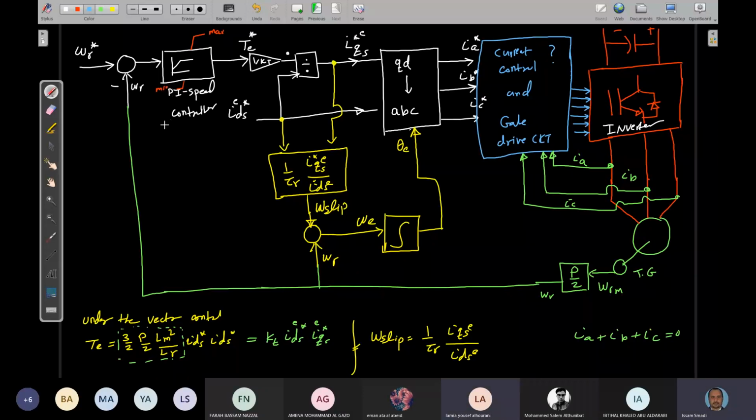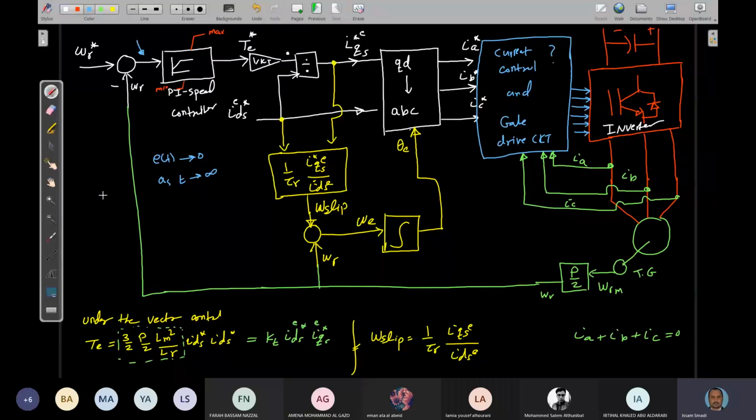Now, the PI control: the ultimate objective of any control system is to make the error go to 0 as t goes to infinity. Now, simply, the output of the speed control is a torque.